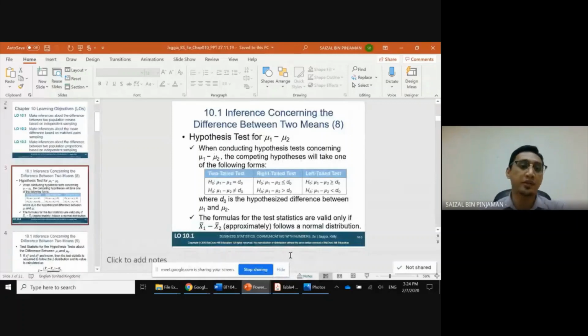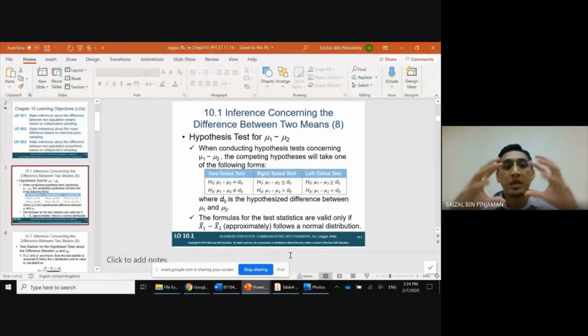The same concept is shared by both chapter 9 and chapter 10, the one sample test of hypothesis and the two sample test of hypothesis. But the difference is that in a one sample test we are only focusing on one sample and one population. I repeat, in a one sample test we focus on the information that we obtain from a sample retrieved from one population.